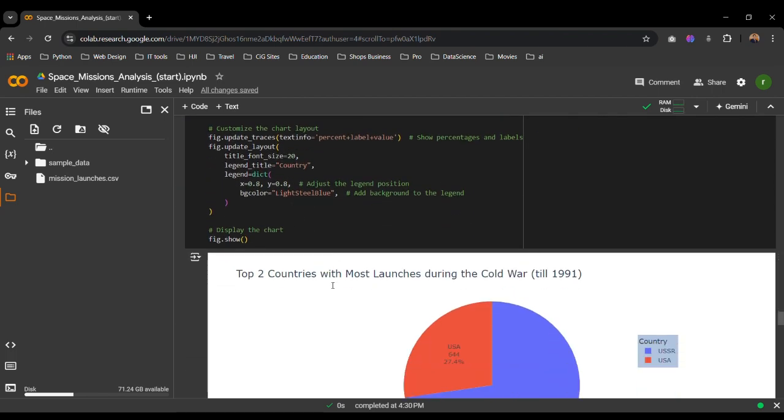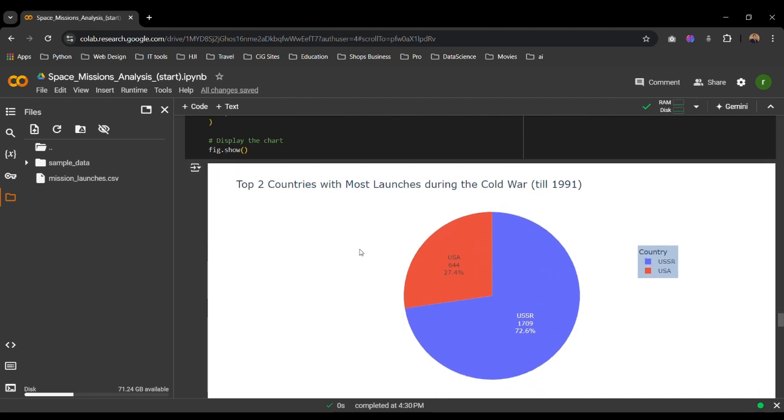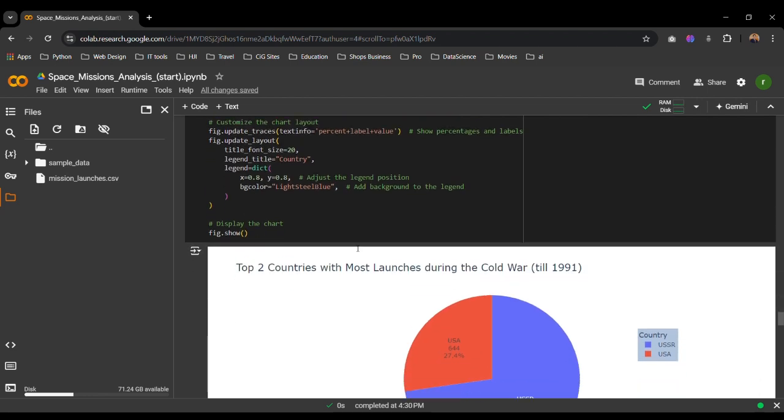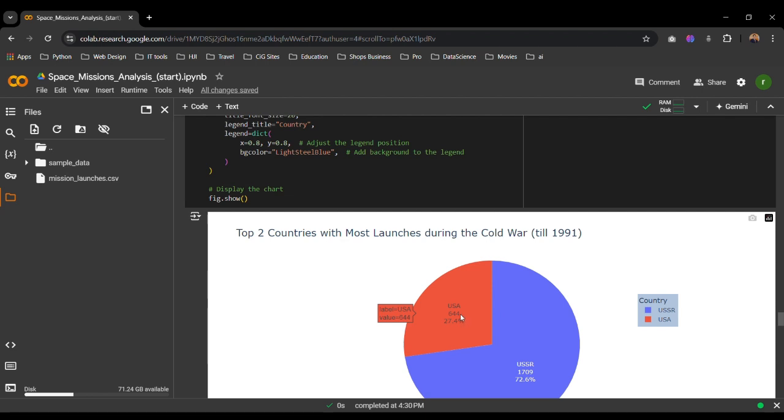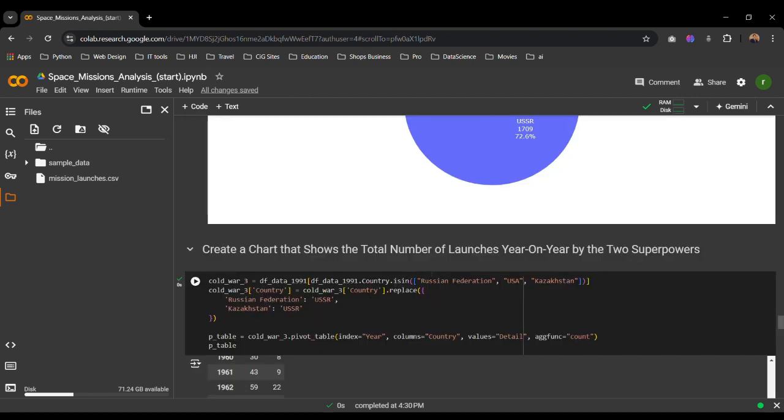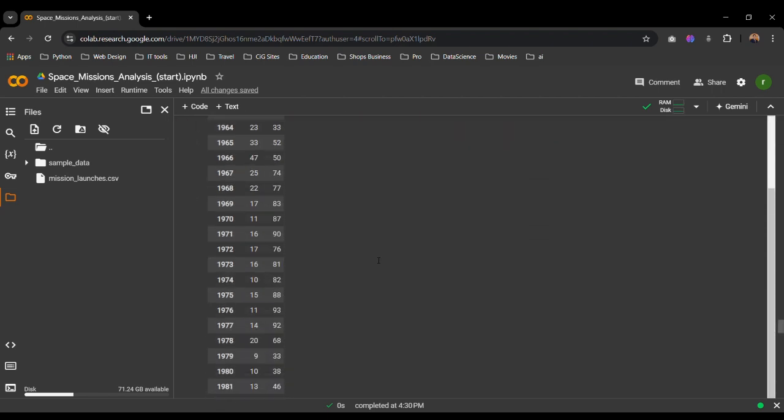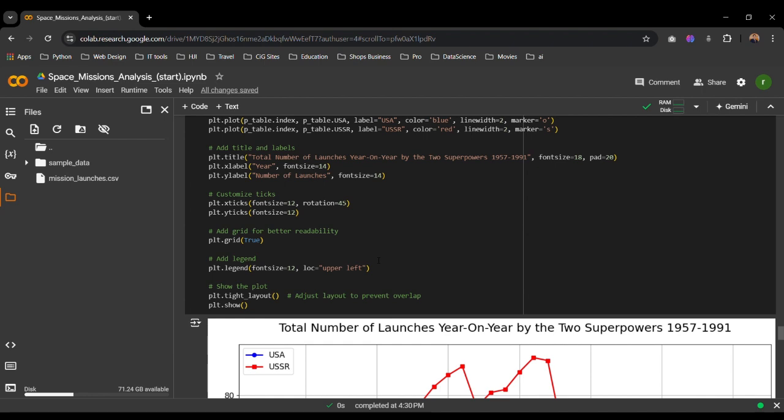We plot the data using the Plotly Express Pie, and the result, guys, is that USA had 27.4% of the number of launches, a total of 644 launches, while USSR is 1,709, or 72.6%. And we create a chart, guys, to show the total number of launches year on year by the two superpowers.